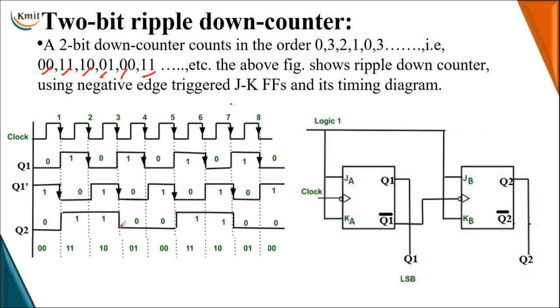Like in the ocean, how the ripples come, in the same manner here, the ripple strength is greater when it comes to shore and lesser out at sea. So at the least significant bit, the frequency is divided by 2, and at the next bit it is divided by 4 with respect to the clock signal in the down counter. Hence it is named a ripple counter.